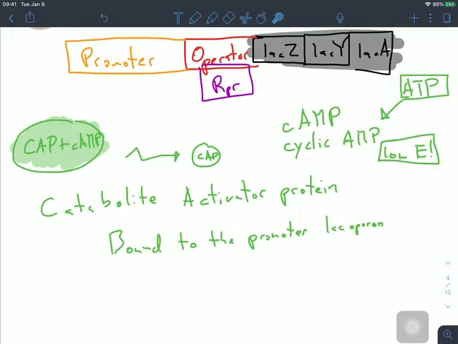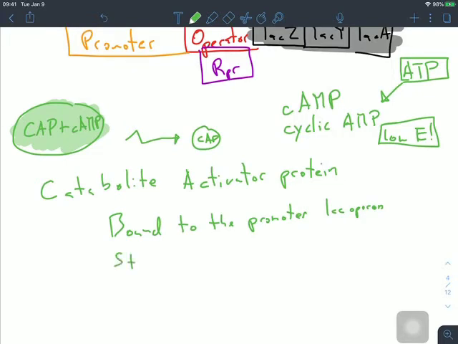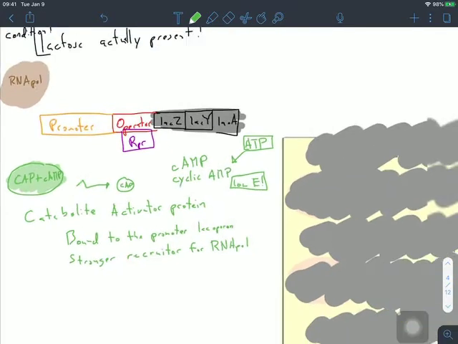When CAP-cAMP binds to the promoter sequence, it is going to serve as a stronger recruiter for RNA polymerase, because CAP-cAMP signals, we're starving, cell.